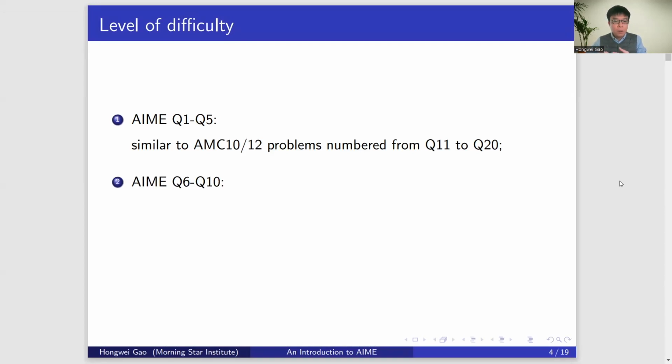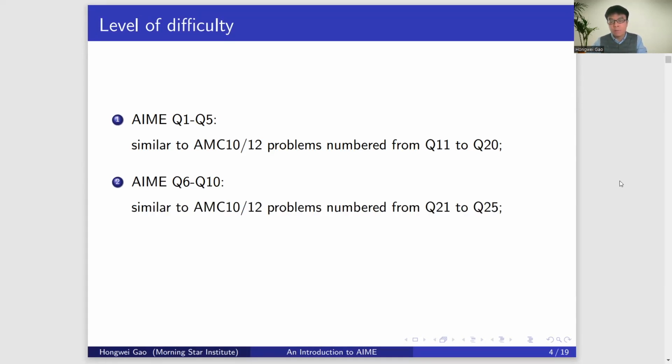And questions 6 to 10 are similar to AMC 10-12 questions numbered from 21 to 25. As for the last 5 questions, they are much harder. Usually, we need to apply a nice idea or advanced techniques to solve these problems.